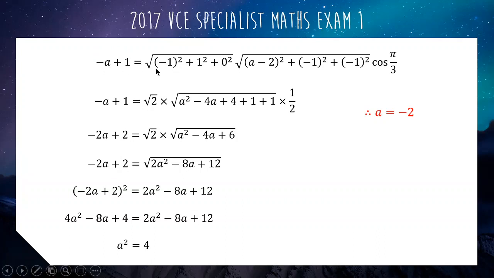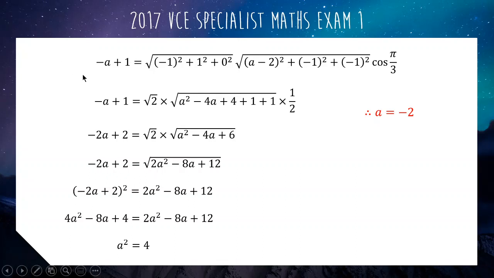On the right, you've got a square root times a square root times a half. Okay, and square roots cannot give negative answers. So how could you be doing a square root, multiply with a square root, multiply with a half, and getting a negative answer? It doesn't make sense. Okay, so this left-hand side must be positive, which is why a is negative 2, because then negative a is positive 2, so you get 3 on the left.